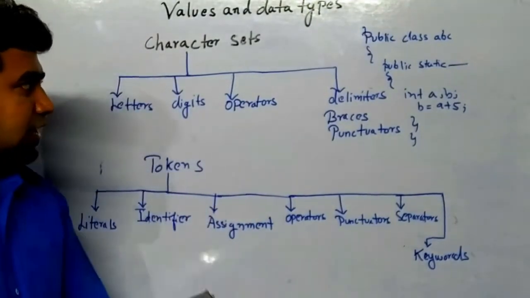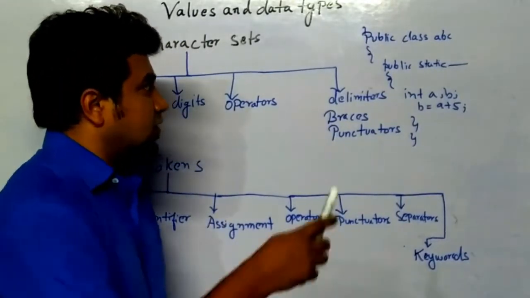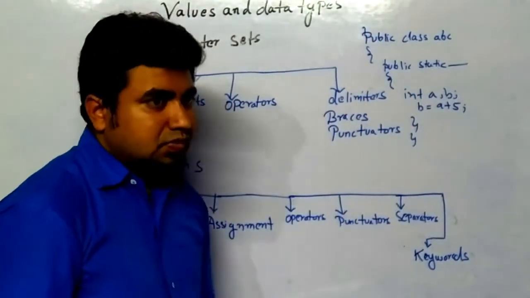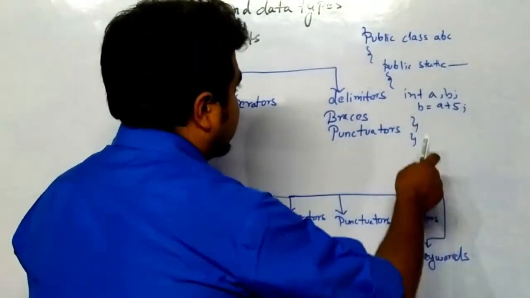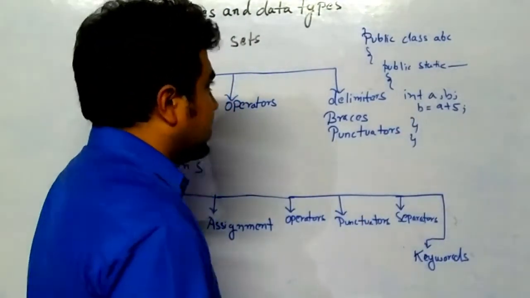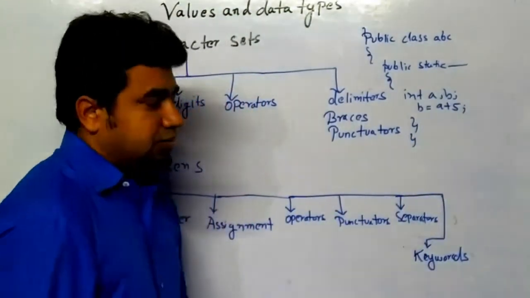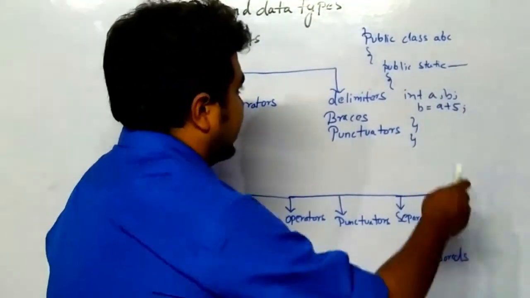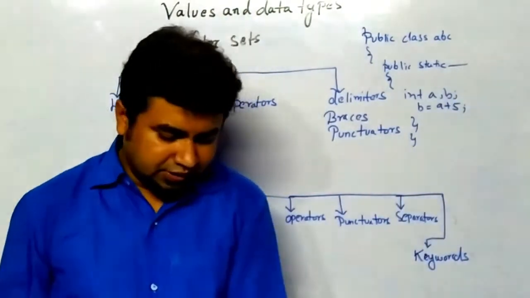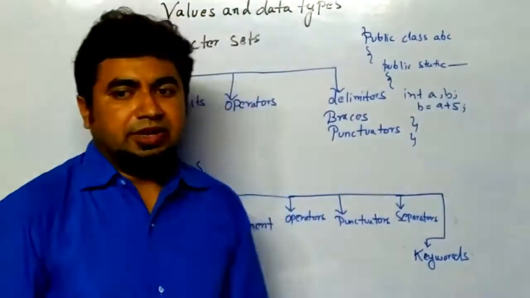But if I classify each word, what is this public? Public is one type of keyword. Int is one type of data type. The plus sign is known as an operator, and the semicolon and comma are known as separators, or delimiters.